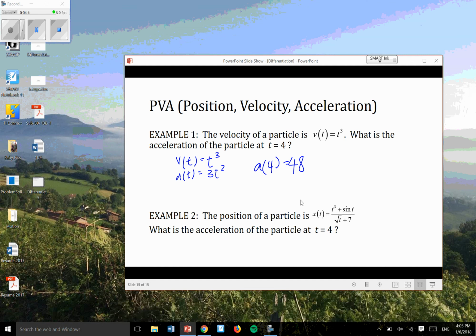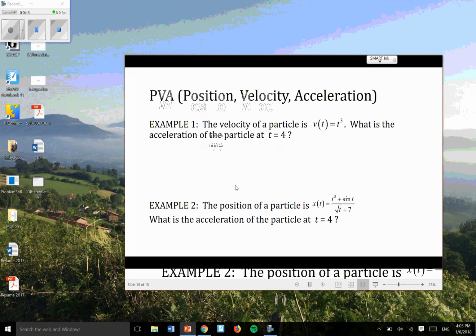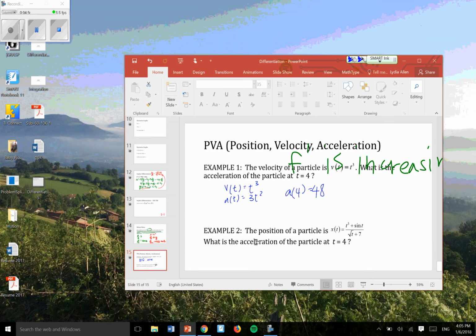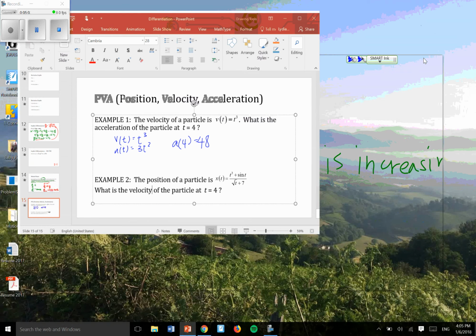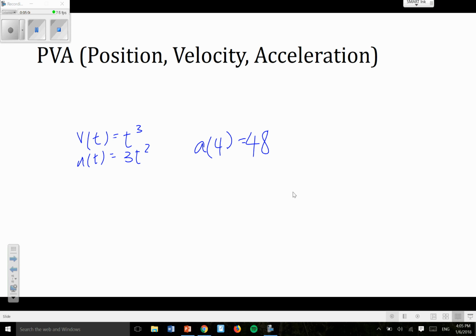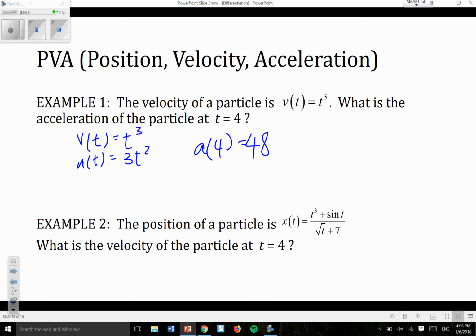I just want to find out the velocity of the particle. What is the velocity of the particle at t equals 4?